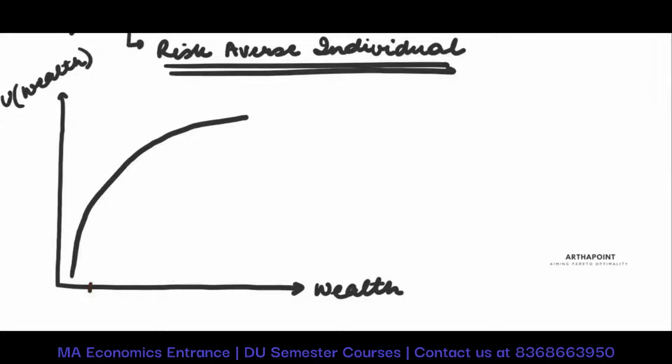So let's say that the wealth is 10 and the utility that the individual derives from 10, let's say that this is 70. The wealth is 70 and the utility that the individual derives from 70, let's suppose that this is given to us as 140.